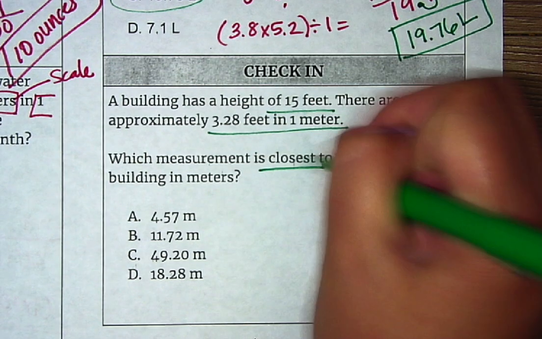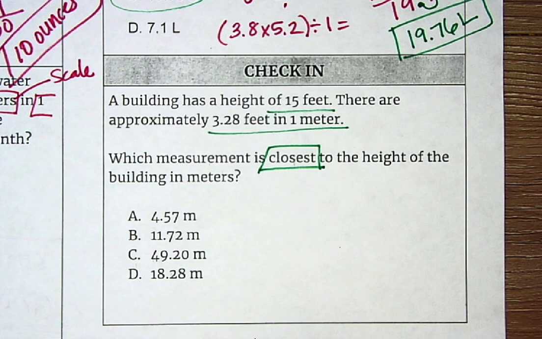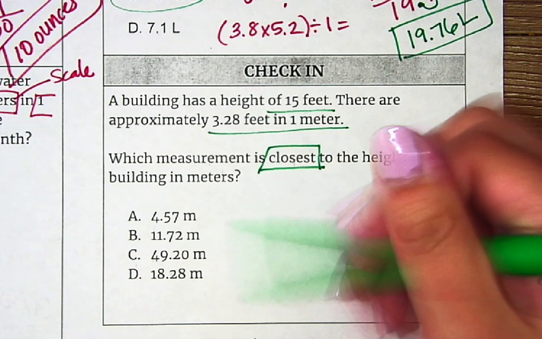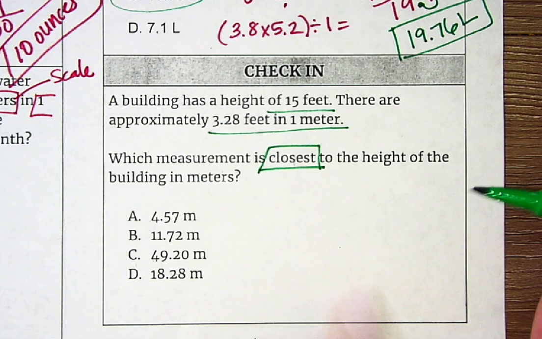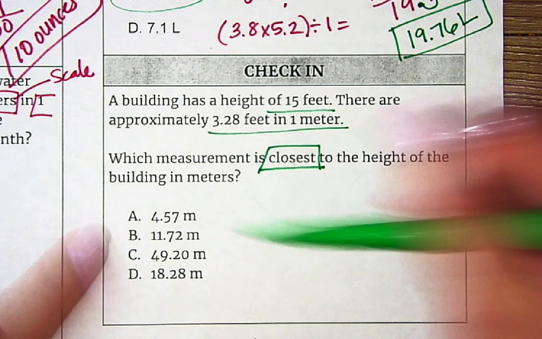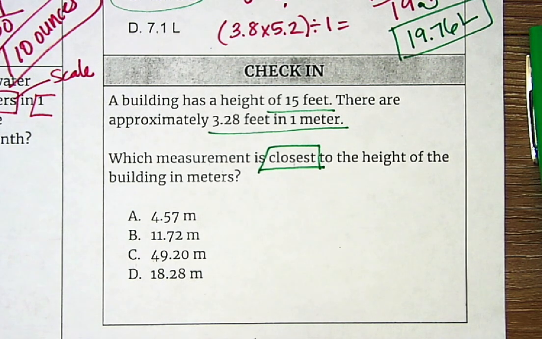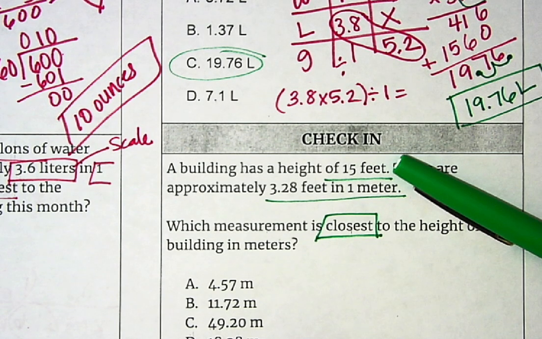So remember, closest means you're not going to get the exact number. So when you look at your answer choices, just make sure that whatever you get is closest to that answer. Okay, when you're finished, you're going to come see me so I can check off example 2 and the check-in, and that's it.